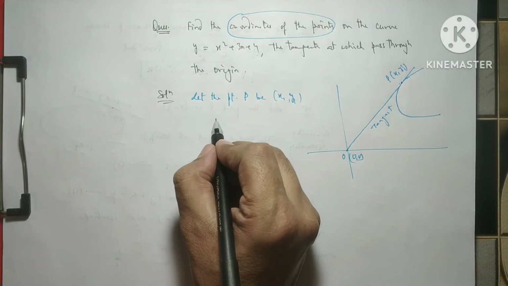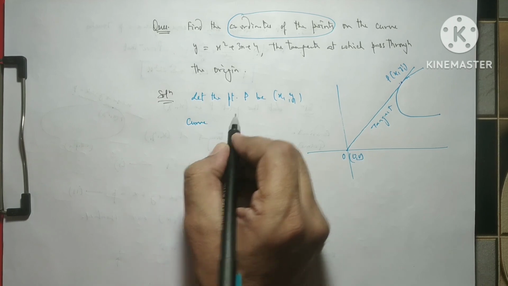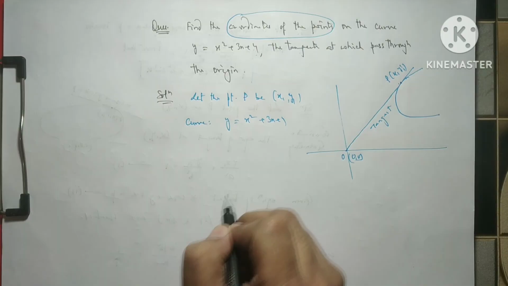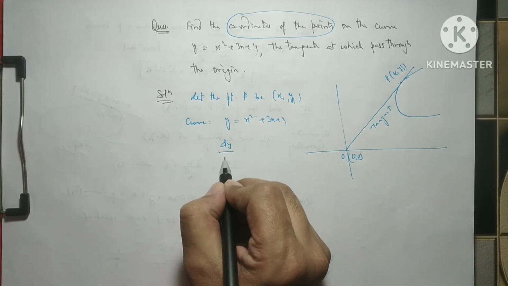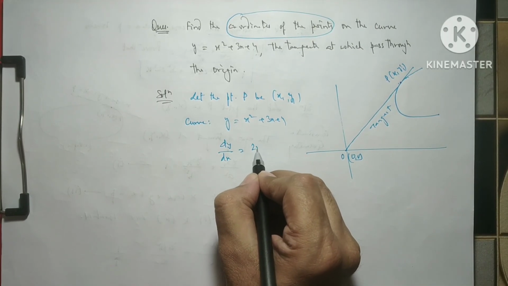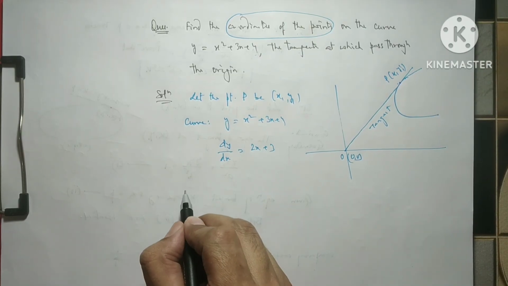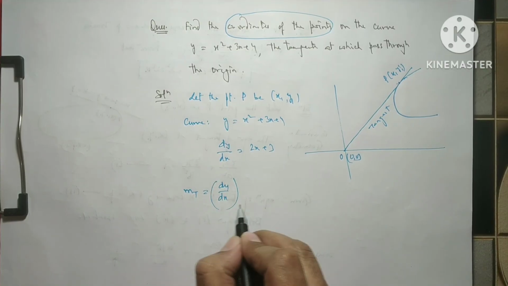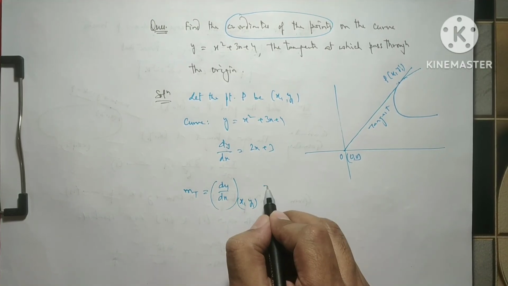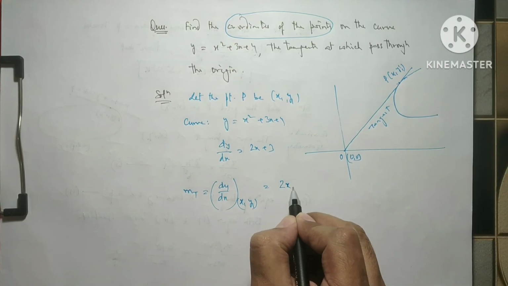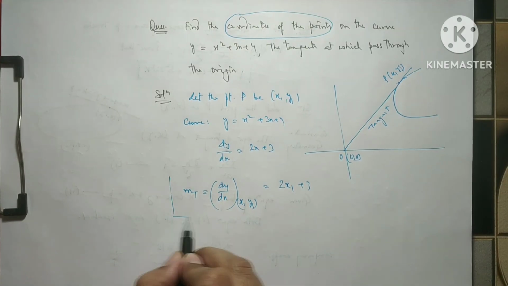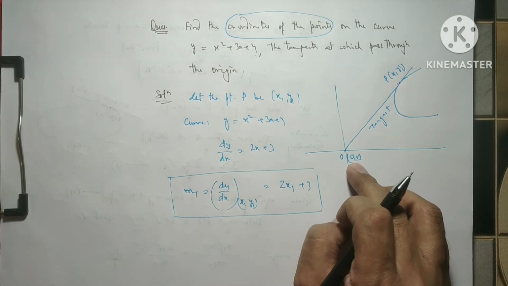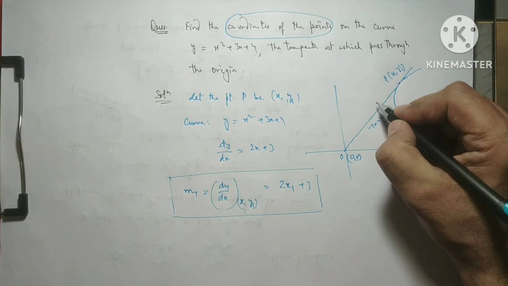Now we have the equation of the curve, y equals x square plus 3x plus 4. On differentiation, we get 2x plus 3. So the slope of the tangent will be dy over dx at the given point x1 y1. It means we have the relation 2x1 plus 3. So this is the slope of the tangent. This is a point and this is the slope.